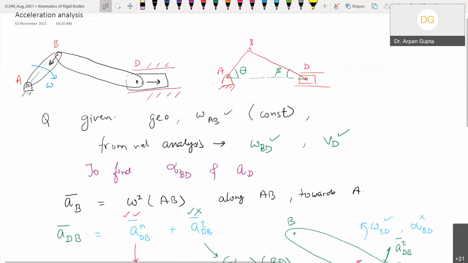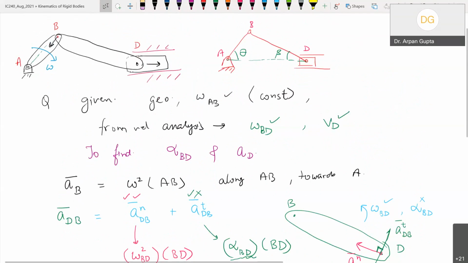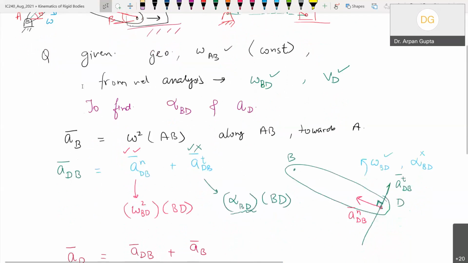The geometry is known. If this angle is theta and this angle is beta, then the acceleration of point B will be along that theta direction.